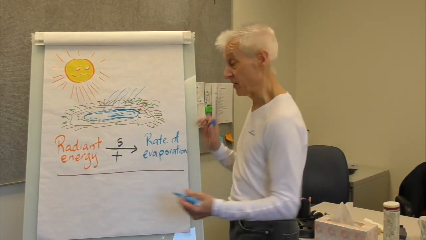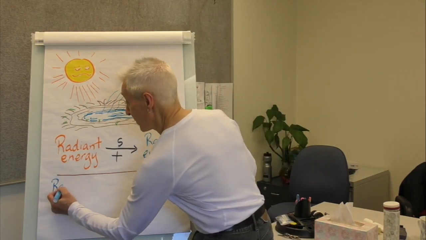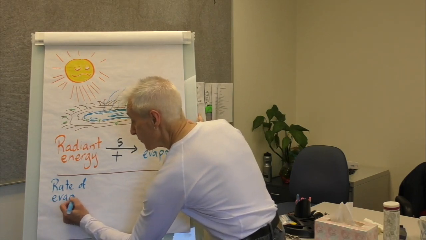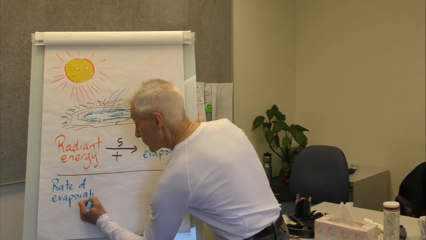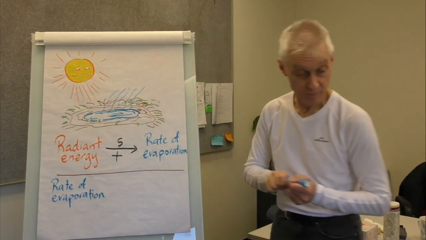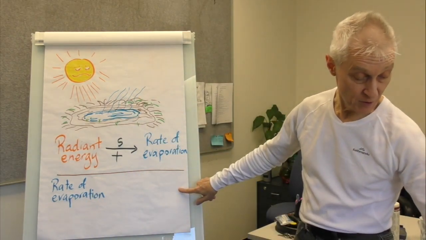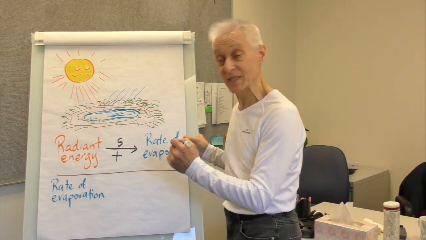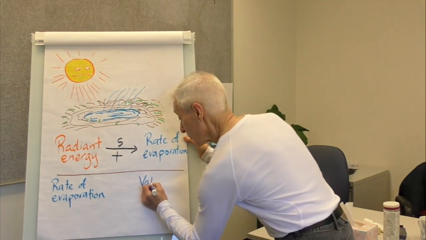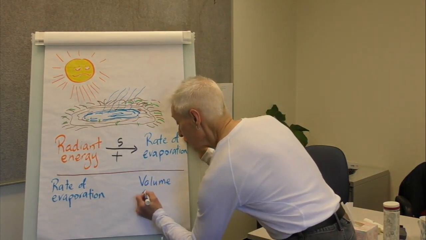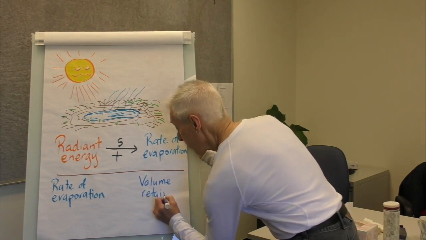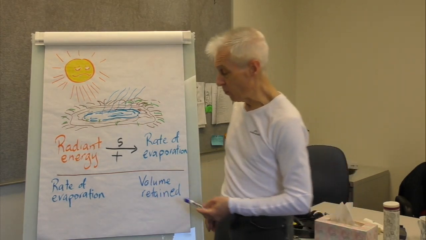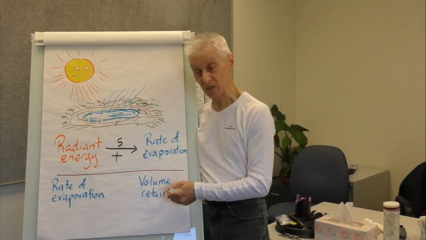I'm going to move this one over to the other side and say the rate of evaporation, and on this side I'm going to put volume, being the volume of water, the volume retained. I could just say volume, but it's more meaningful in this case to say the volume of water retained.